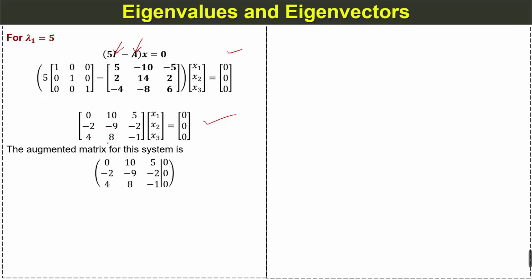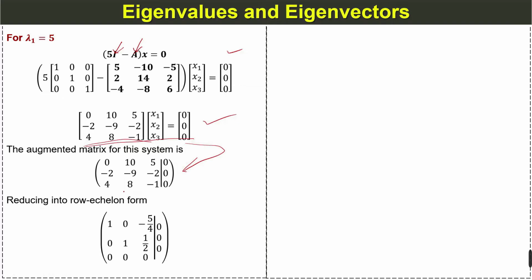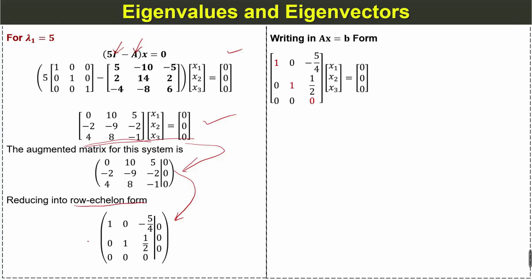Now we reduce this augmented matrix into row echelon form. After doing some calculation, we will get this form. Again we write this in Ax is equal to b form.